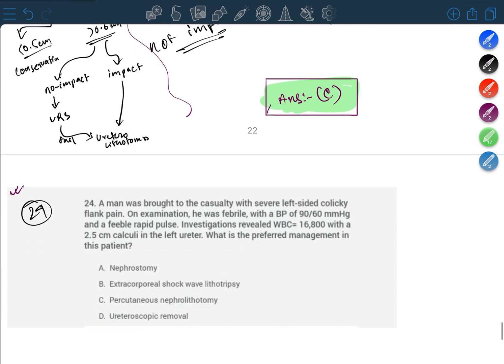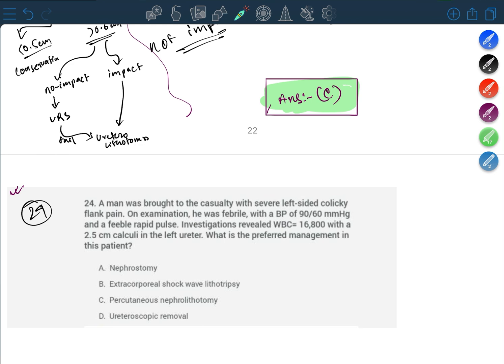And this is the last question. A man is brought to casualty with severe left-sided colicky flank pain. On examination, he is febrile, BP 90/60 mm Hg, with a feeble, rapid pulse, which means he has sepsis. WBC count is very low. There is a 2.5 centimeter stone in the ureter. For a ureteric stone more than 2 centimeter, what is the preferred management?